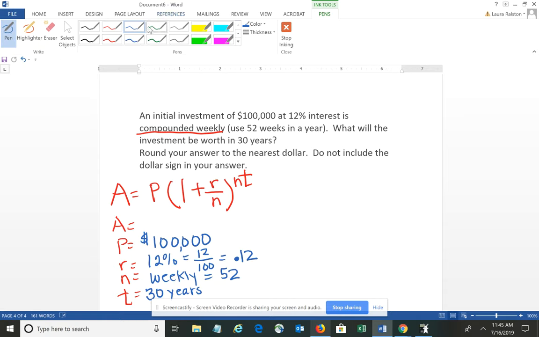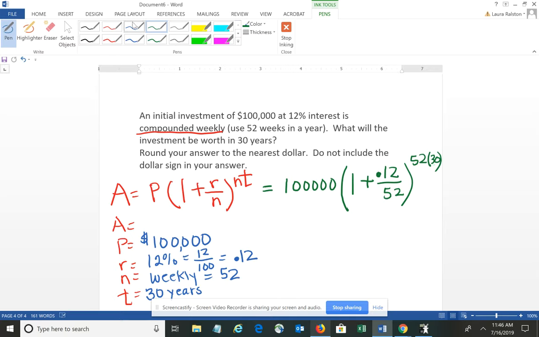Okay, so once you've identified all the pieces, then you want to substitute it into the formula. So I would have 100,000 times 1 plus 0.12 divided by 52 raised to the 52 times 30 power.